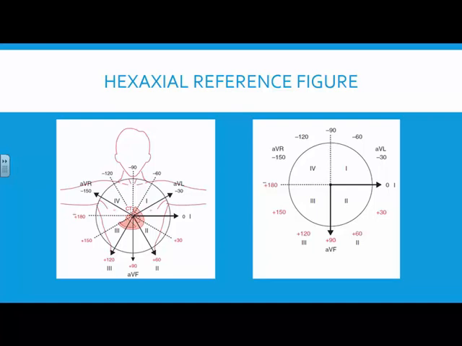The line that goes this way, this is positive, this is negative, is what? Lead 3. So then this must be lead 2. So there's my triaxial trace.